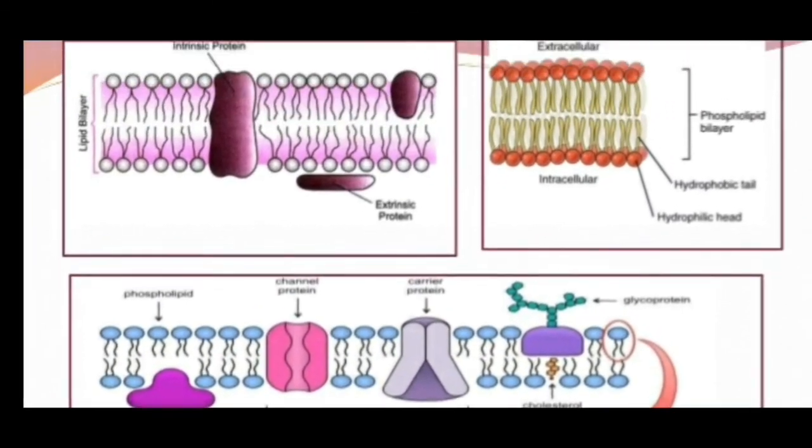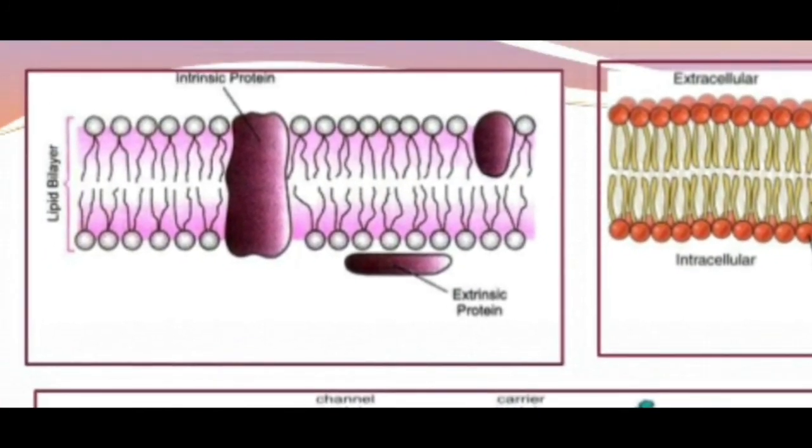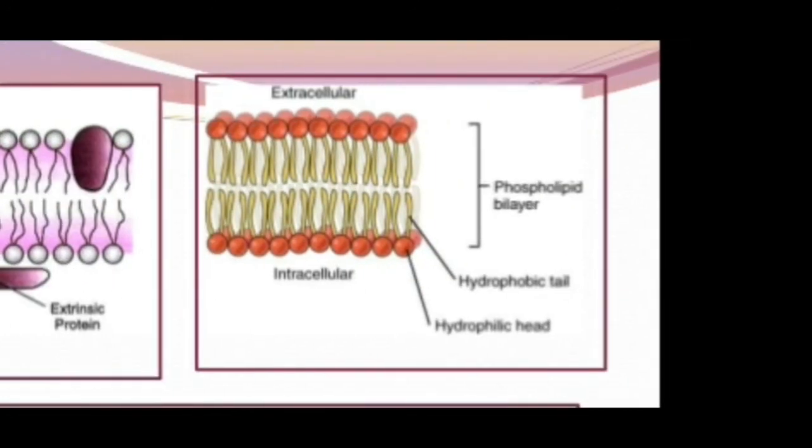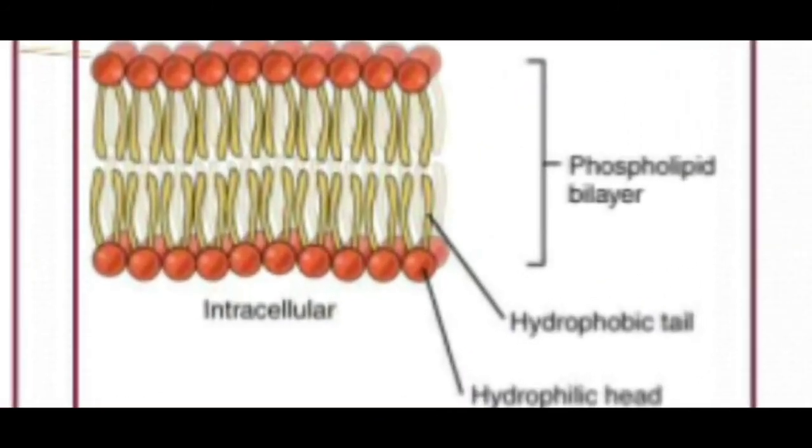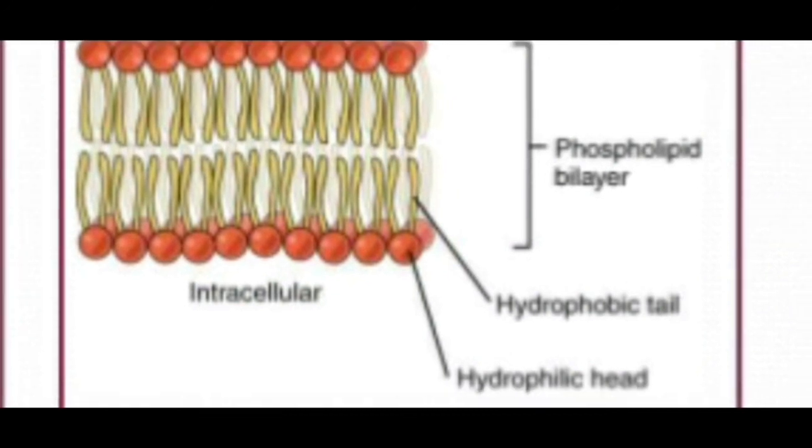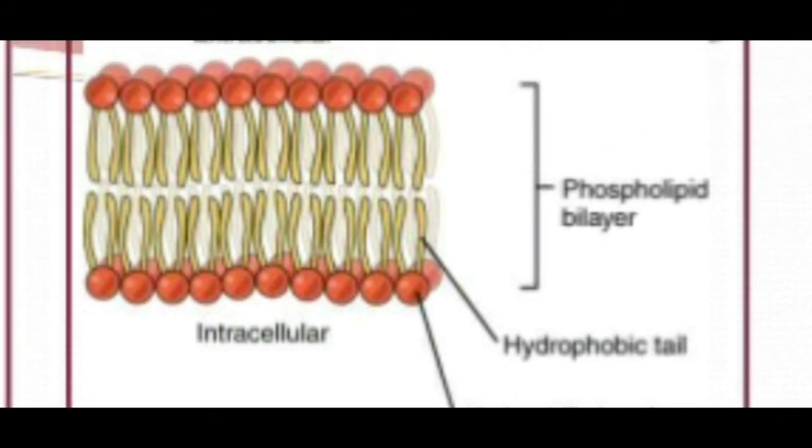See, this is the structure of the plasma membrane. You might have seen this structure in the lower classes also. See, this is the lipid bilayer. Phospholipid bilayer is present here. The phospholipid layer consists of two layers, that is one phospholipid bilayer. Why is it called two layers? The orange colored ends are called the phosphate ends, or the hydrophilic ends. And these tails or elongations, these tail-like structures, are the hydrophobic fatty acid ends, which are hydrophobic in nature.